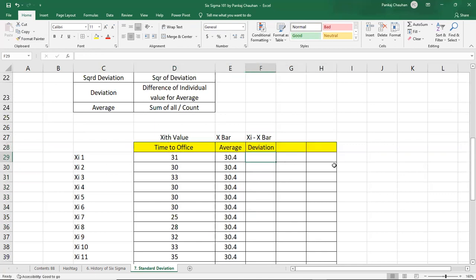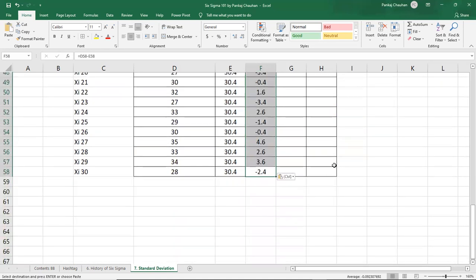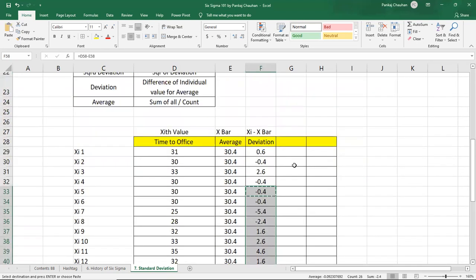Now the deviation will be: first value Xi is 31 minus X bar 30.4, then 30 minus 30.4, then 33 minus 30.4, 30 minus 30.4, and so on. I copy this formula till the bottom and we get all the deviations.